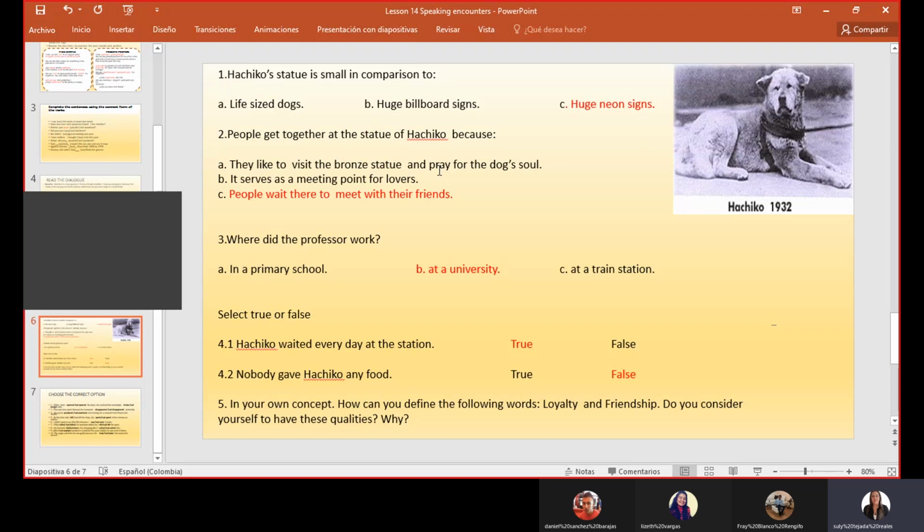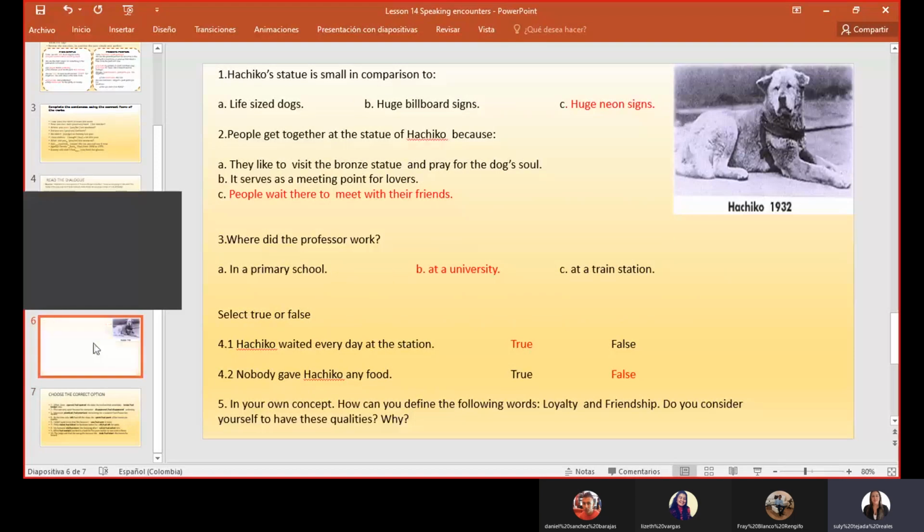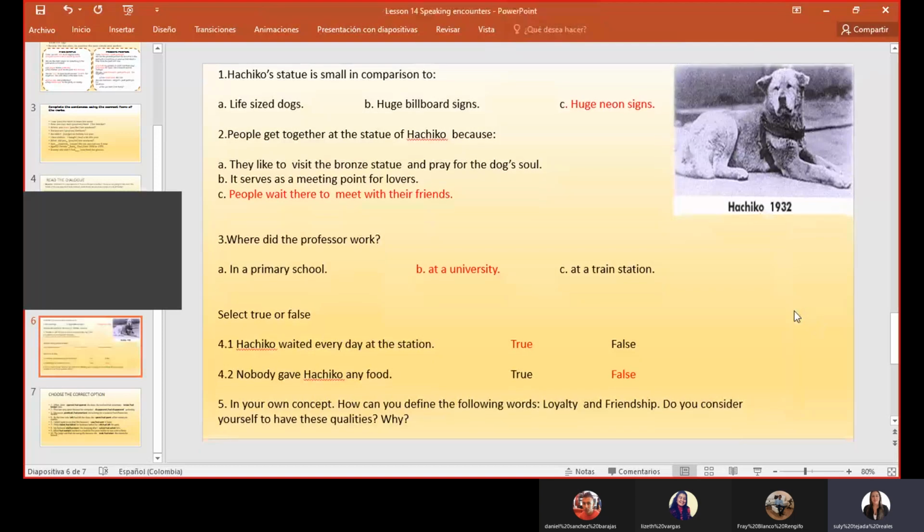Hachiko's statue is small in comparison to: A. Life-size dog, B. Huge billboard sign, C. Huge snail. Okay, there was a mistake here.